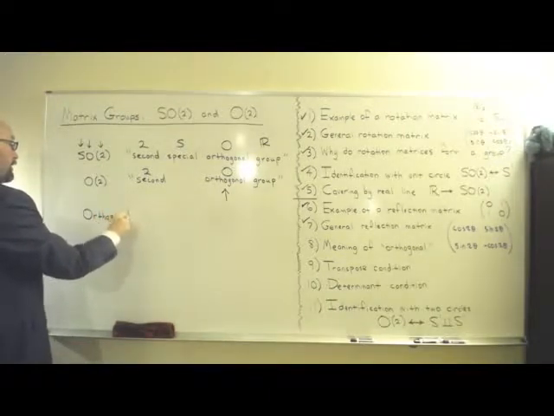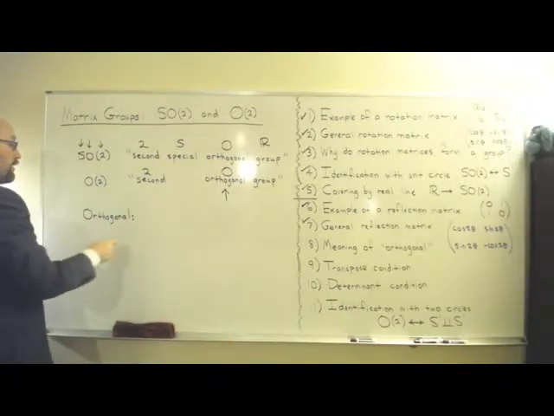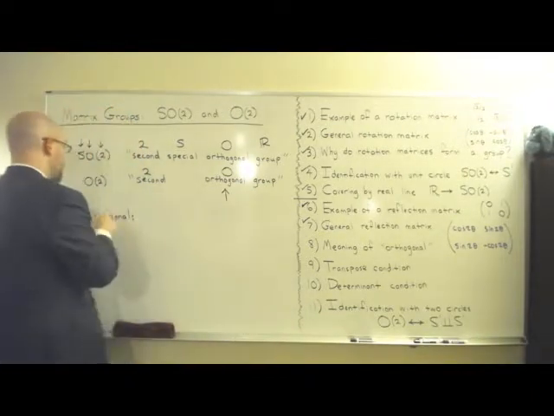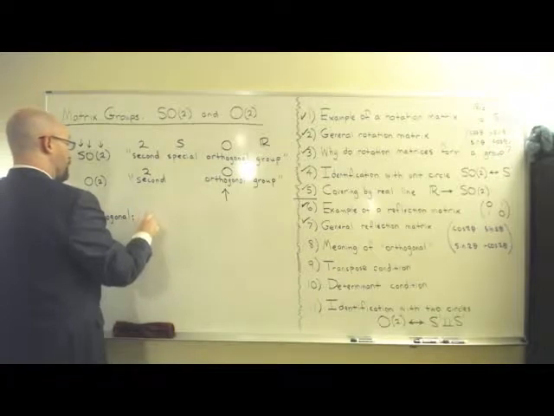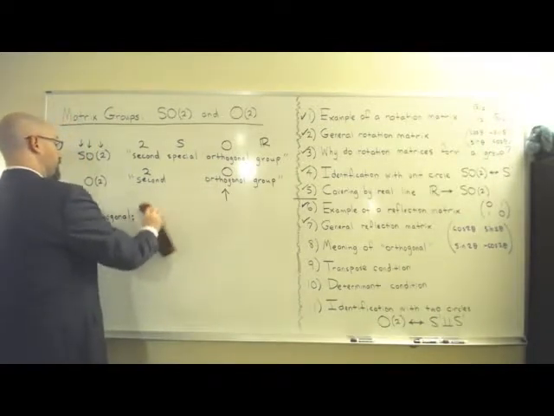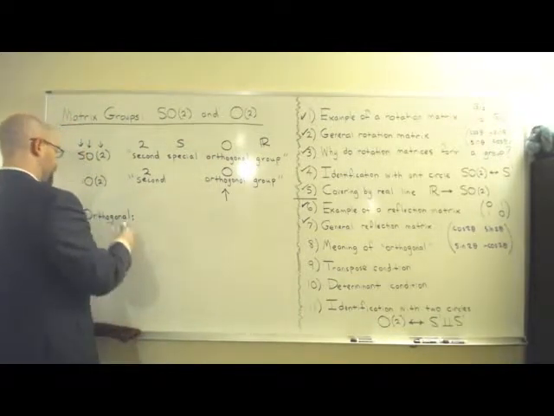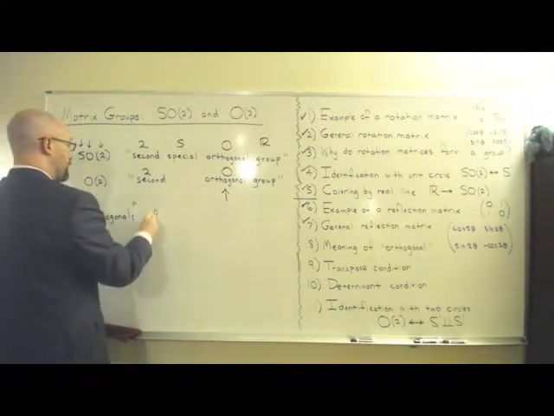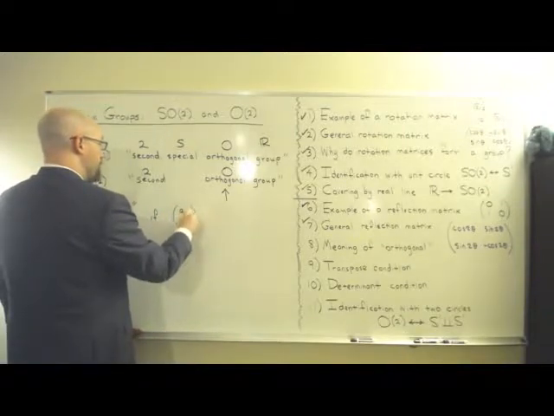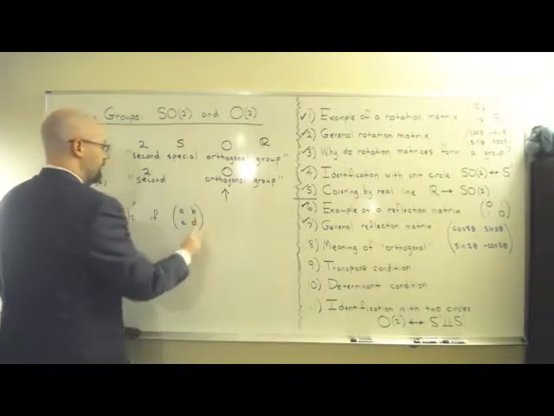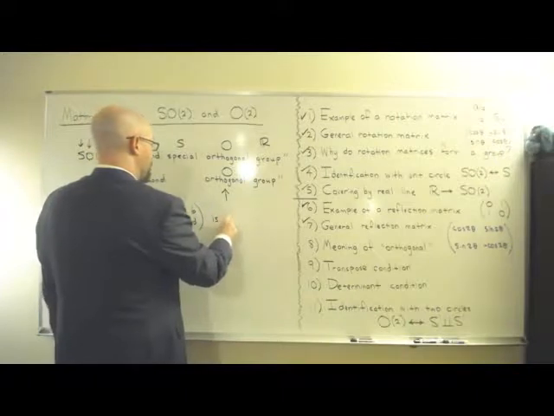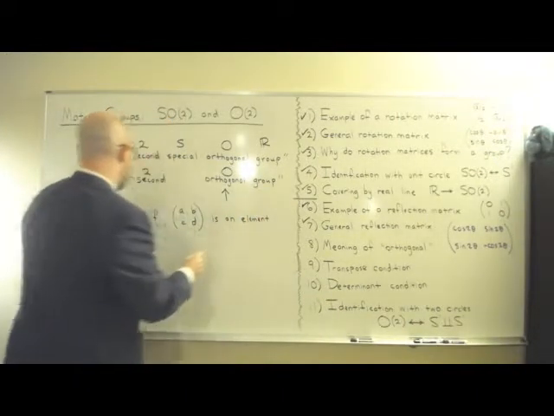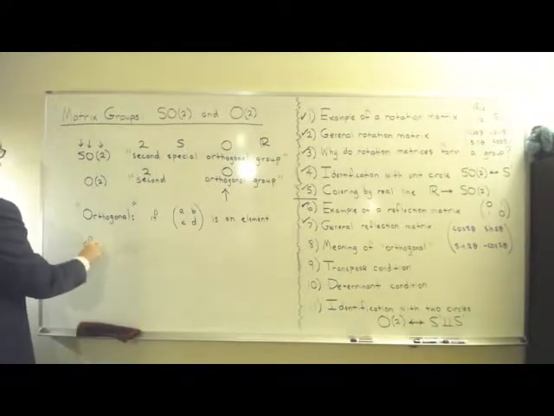The reason why these are called orthogonal groups is because, I'll just tell you this and then we'll talk about the details. Why is that word orthogonal there? So if A, B, C, D is an element of O2.